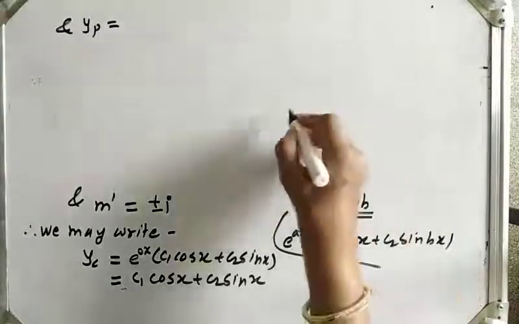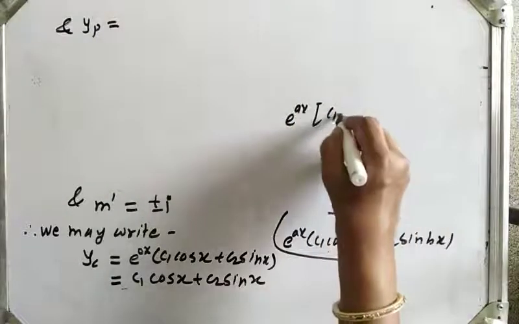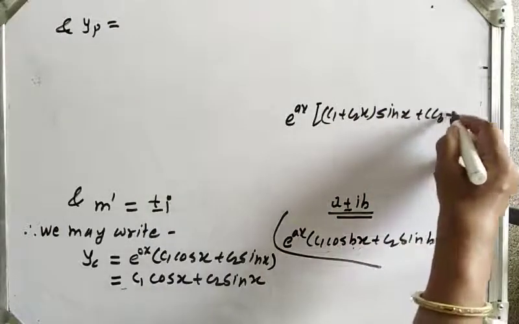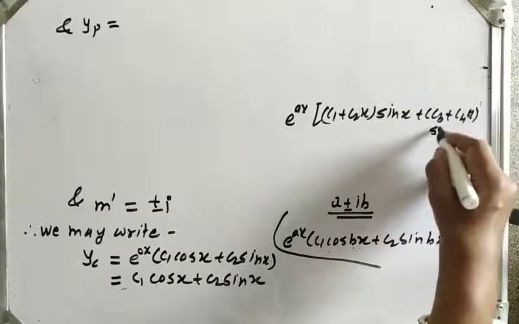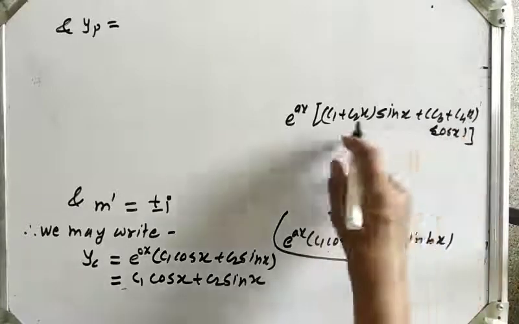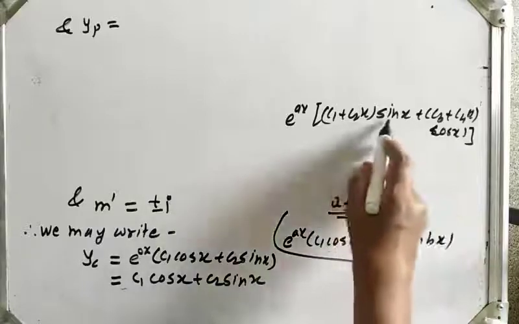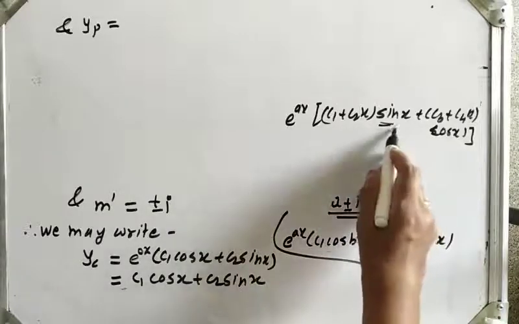In that case, what do we write? e raised to ax (c1 plus c2x) sin x plus (c3 plus c4x) cos x, right? If the root is repeated, we write like this, meaning we multiply by x if it is repeated twice.